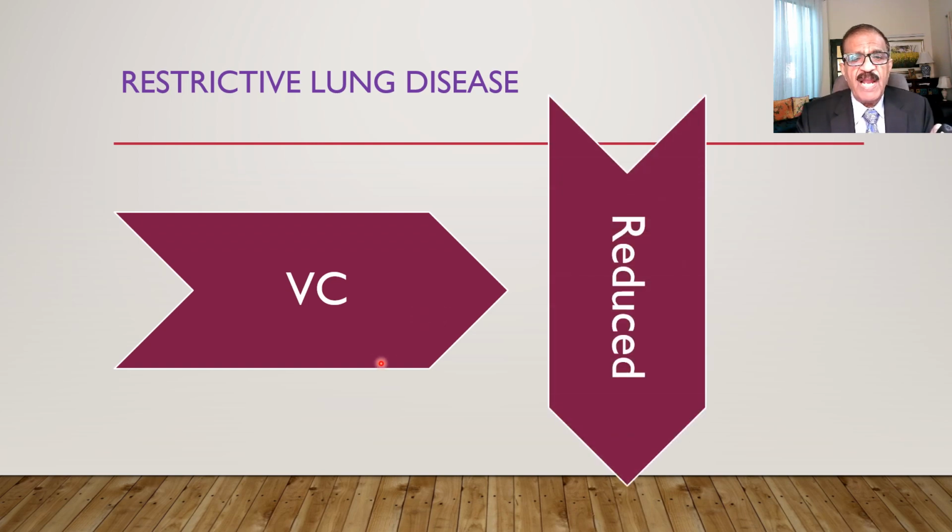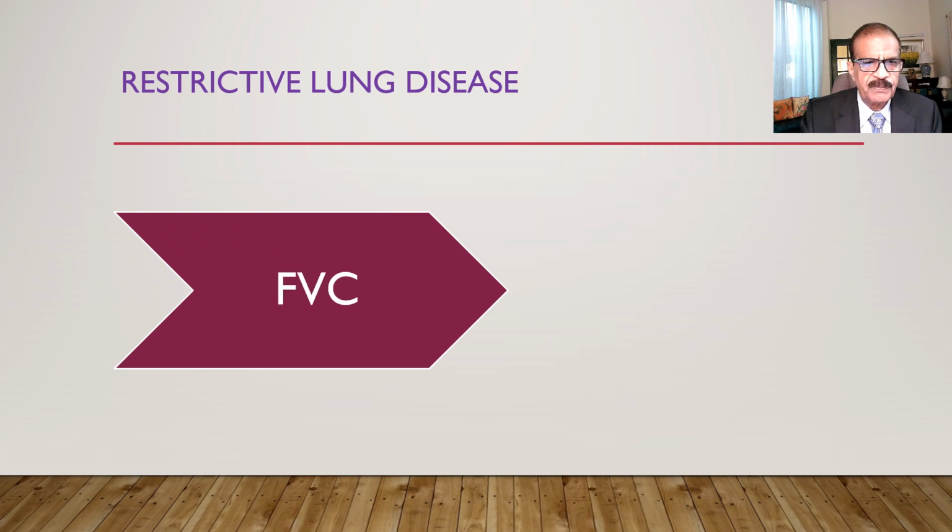In fact, vital capacity is more significantly reduced in restrictive diseases as compared to obstructive diseases. Why? Because lungs can't expand. The alveolar volume is reduced. So the patient can't take air in because there is no space or reduced space. So that is why vital capacity is reduced.